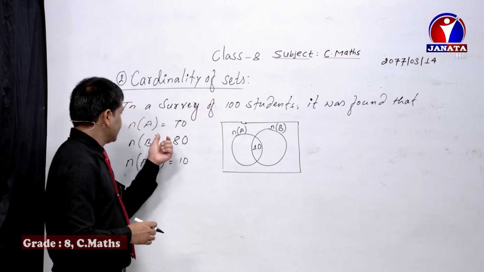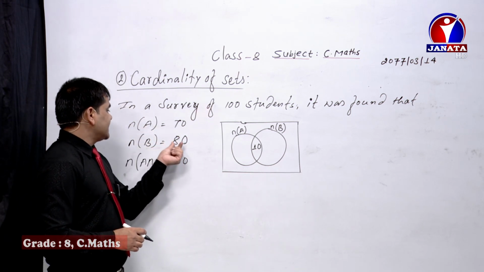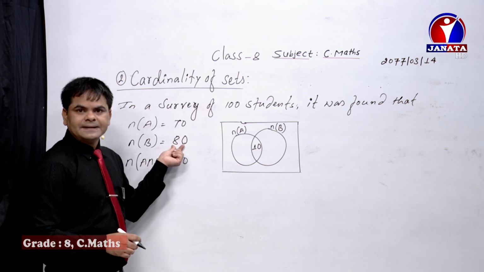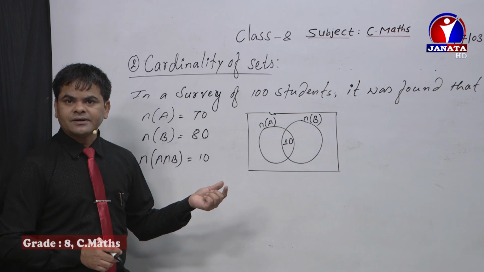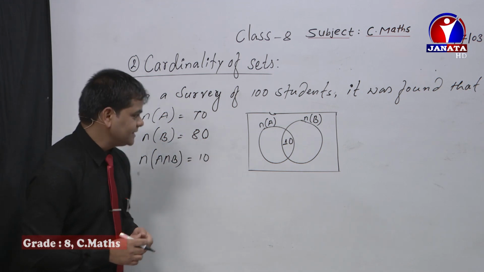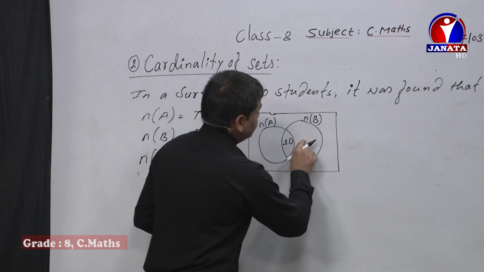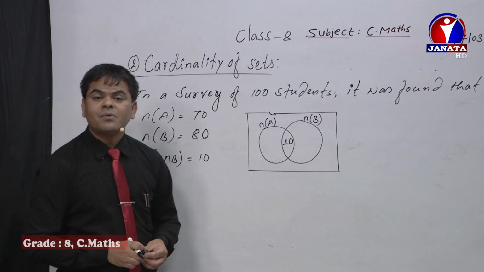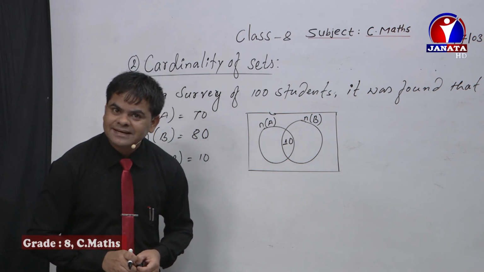Now, dear students, in case of set B, if you want to plot this information, 80 students like to have banana. It means this place is the number of people who like to have only banana.